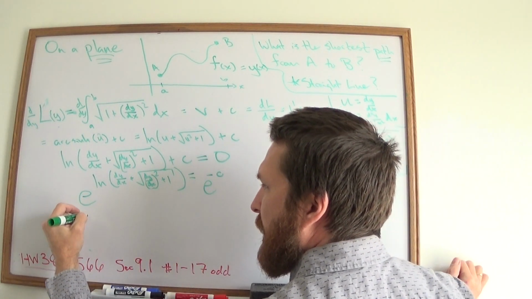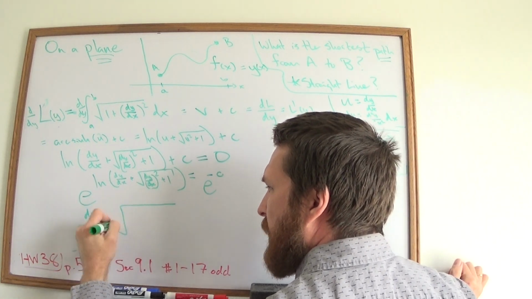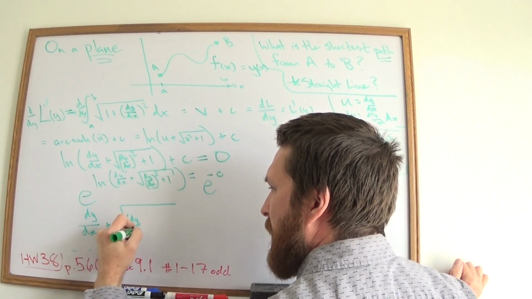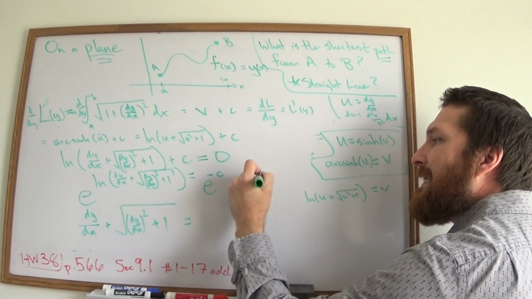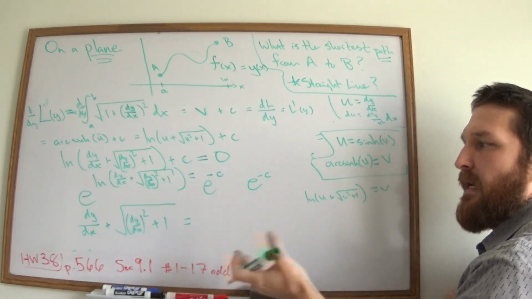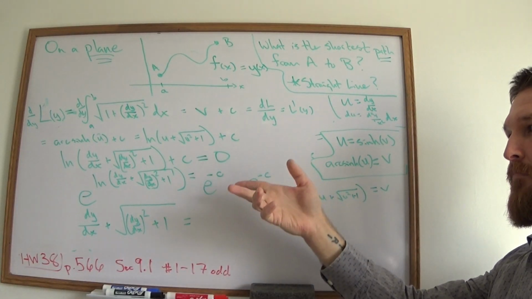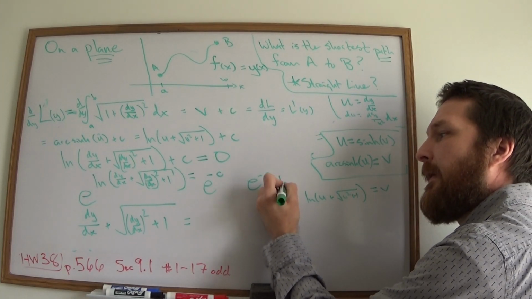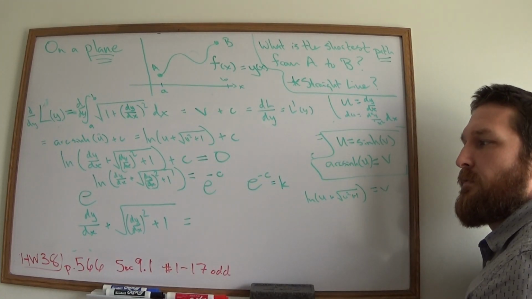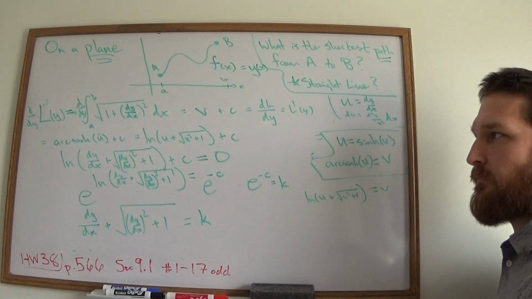And I end up with dy dx plus the square root of dy dx squared plus 1 is equal to e to the negative c. That's a constant, isn't it? If c is a constant, then e to the negative c is some other constant. So let's just call it k, just to make things a little easier on our eyes.